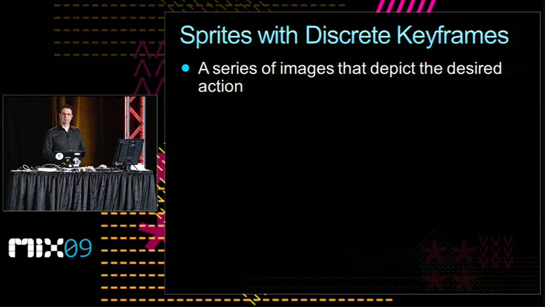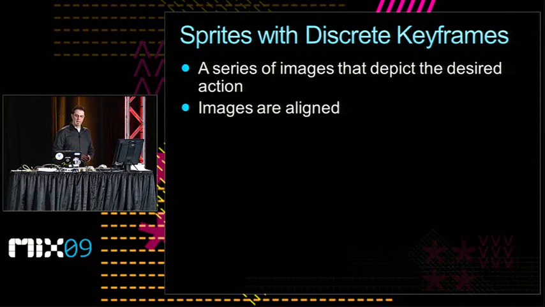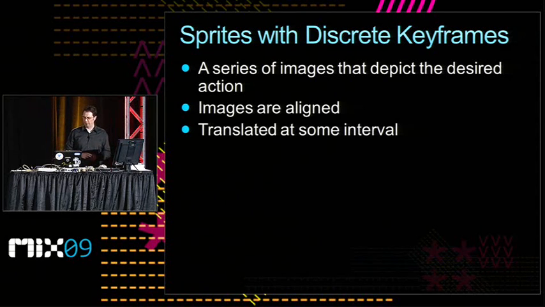In this case, you might refer to it as a walk cycle or running or jumping. My images are going to be aligned either horizontally or vertically. And then what I'm going to do is use discrete keyframes to translate them at some interval along my storyboard. Since I know how wide one of my images is, in this case it's 720, I'm going to make that jump a full 720 pixels over and basically give you the illusion of flipping through the frames in rapid succession.